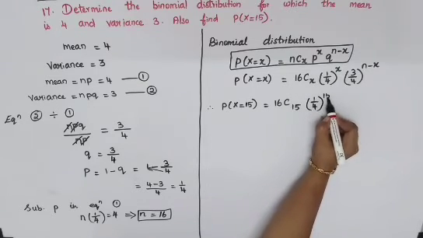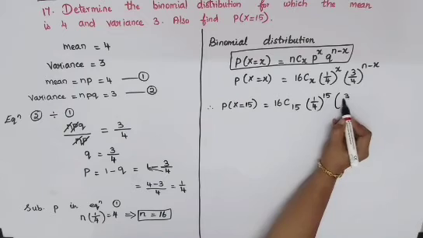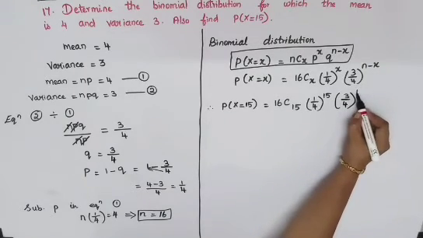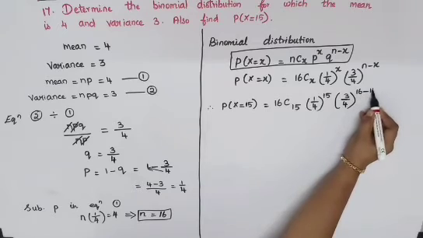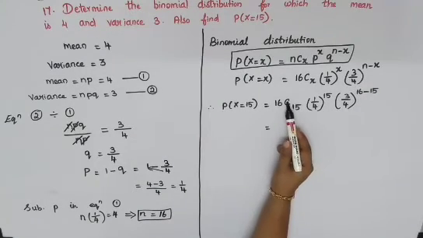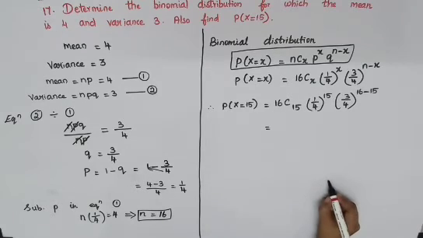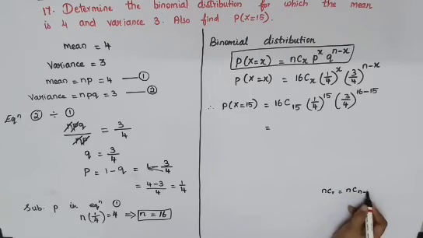Okay, so x is 15 and 3 by 4 power n minus x. So n is 16 minus 15, x is 15. Since 16c15 is a bigger number, we'll just convert it to a smaller number using this formula. You all know this formula, that is NCR is equal to NCn minus R.